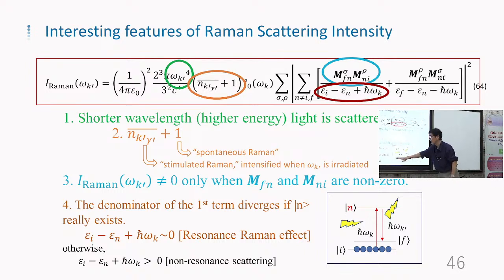In other words, if the excitation wavelength corresponds to the energy difference between the initial and real state n, then denominator approaches 0. It results in infinite intensity of the Raman signal. This is so-called resonance Raman effect.